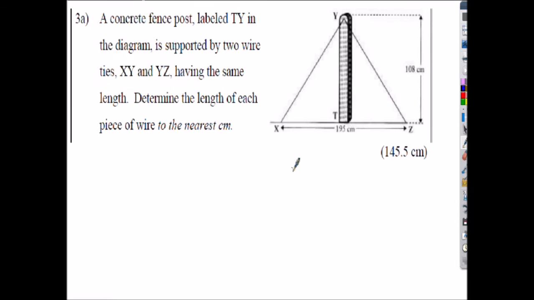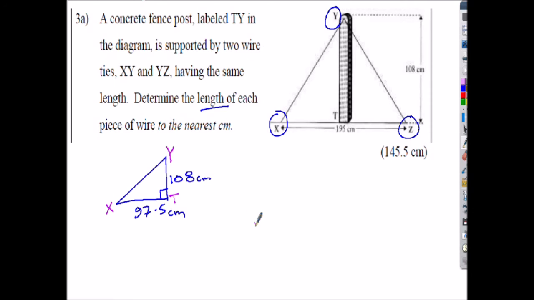In question 3a, we're given a concrete post labelled TY in the diagram. It's supported by 2 wires. One of the wires here is XY, the other wire is YZ, and they have the same length. We've got to determine the lengths of each of the pieces of wire to the nearest centimetre.